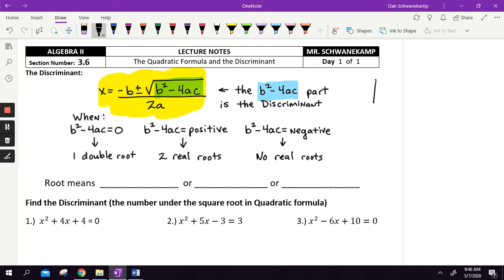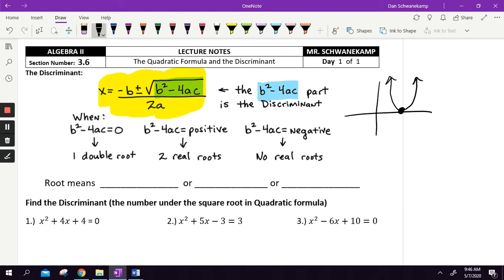So again, remember what a root is. A root is where your graph crosses the x-axis. Every quadratic is going to have two roots, but there are some different things with that. Here's what could happen. You could have a parabola that looks like this, and if we do, you have two solutions, pretty straightforward and easy. You could have a parabola that looks like this.